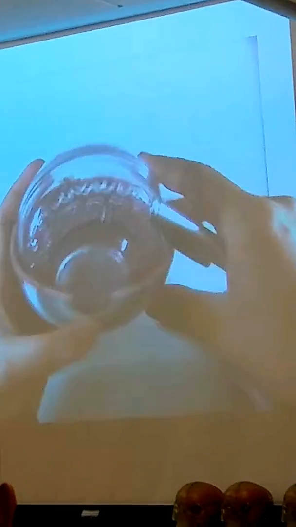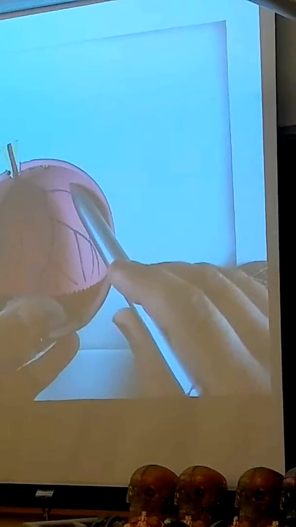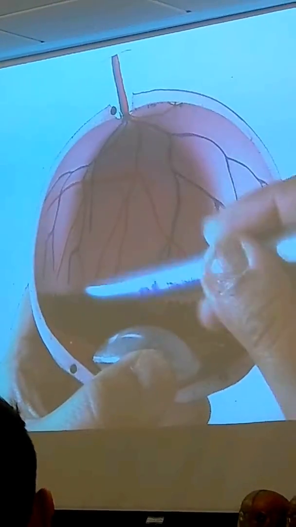If you open it like this, what is this? Lens. Then this is the posterior chamber, the vitreous chamber. What is this here? The pink one, retina. This pinkish thing, ora serrata.